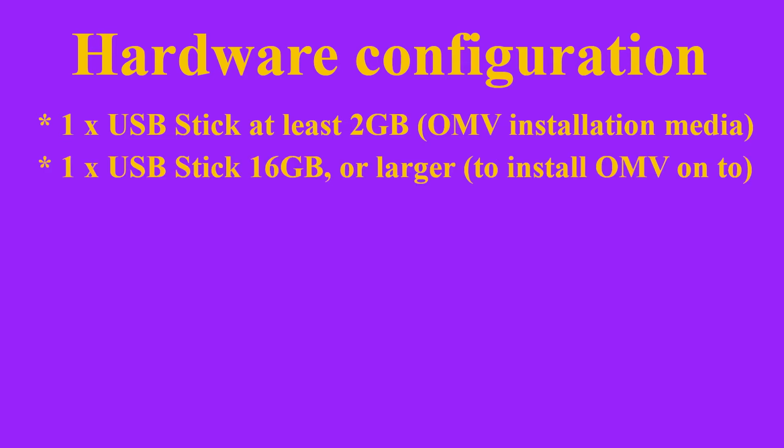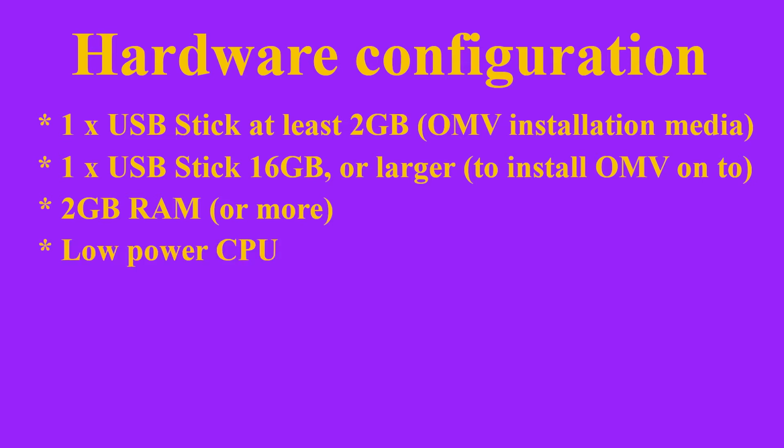We want another USB stick which preferably will be 16 GB or bigger, and this is for installing openmediavault onto, so it will act as our little hard drive for openmediavault. We need 2 GB or more of RAM. Then next we ideally want a low power CPU, or central processing unit.